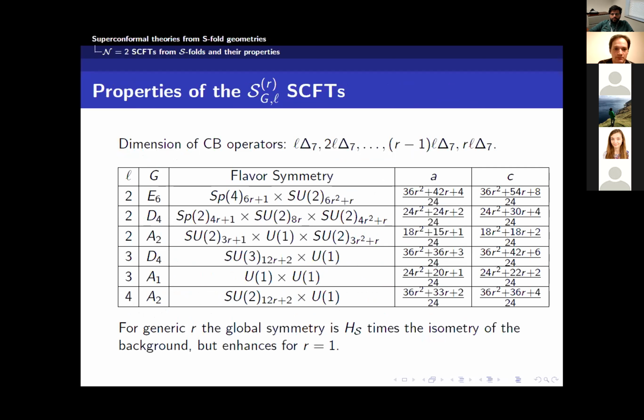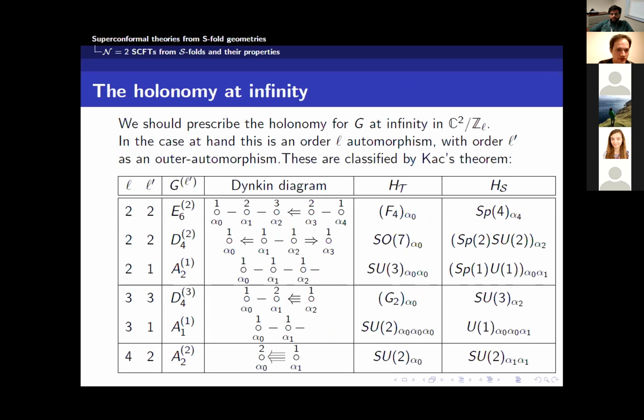So if we go back to the analysis of the holonomies, we see here that there are two cases in which the holonomy is trivial as an outer automorphism. So this is for SU(3) with L equal 2 S-fold and SU(2) with L equal 3 S-fold.